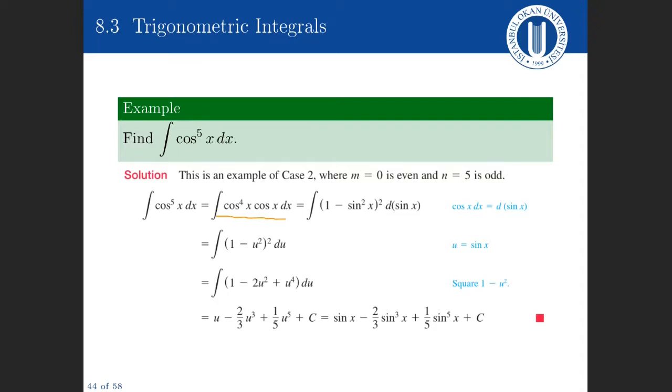The cos to the power 4 we write as 1 minus sine squared, all squared. And the final cos x will disappear when we do the substitution. We're going to end up with the integral of 1 minus u squared, all squared, du. And you know how to calculate this integral.